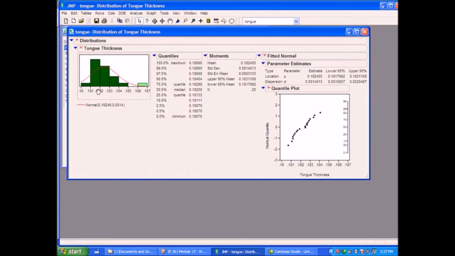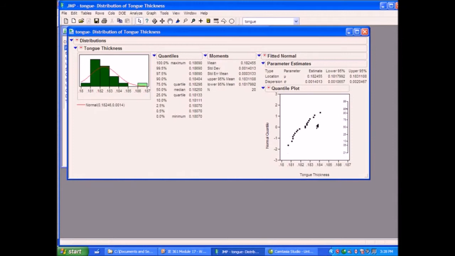And you could imagine laying a fat pencil over the top of those points and having that fat pencil cover them. That is, this plot is reasonably straight.